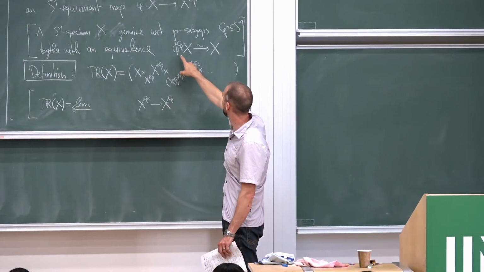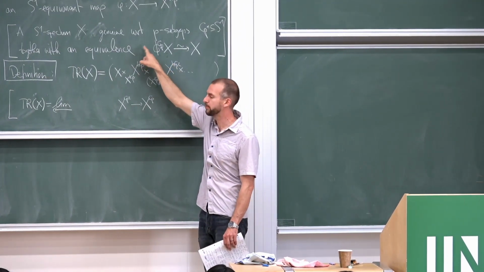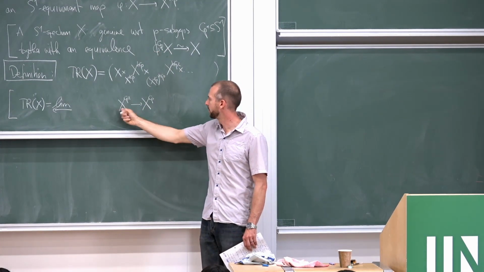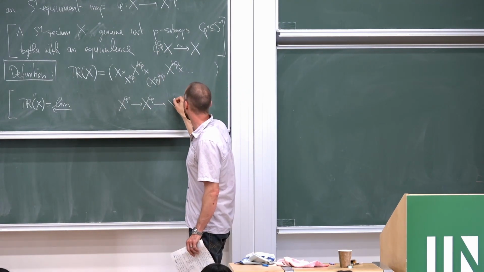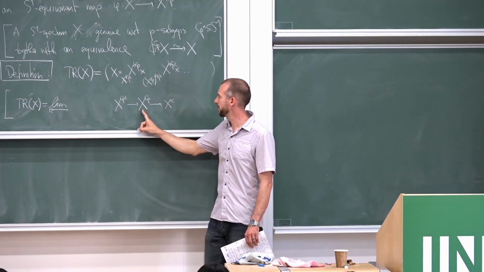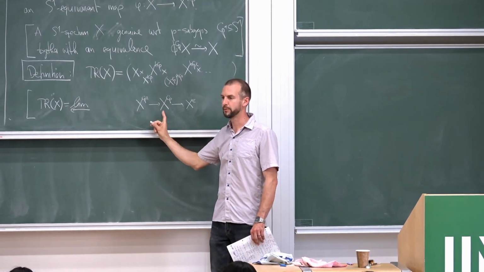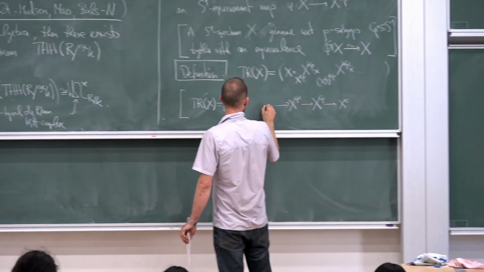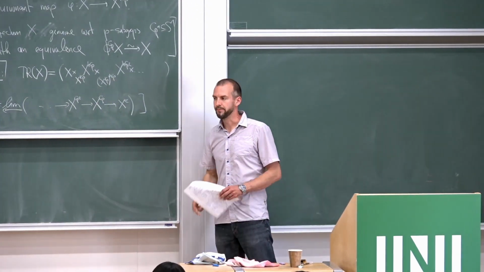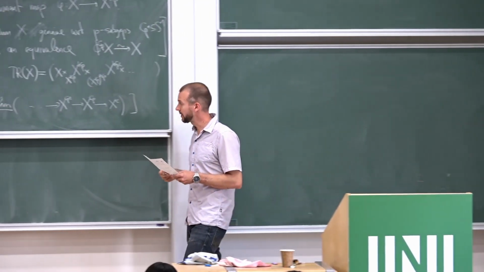I mean, if you have this map phi, there's always a canonical map from the fixed points to the geometric fixed points, and then you can compose with this map. That gives me this map, I guess, X upper E, I can put if I want. And then this gives me this map, and then you just do the same thing on the fixed points again. So you get this inverse limit, and that is TR. Okay, cool. So that's what TR is.